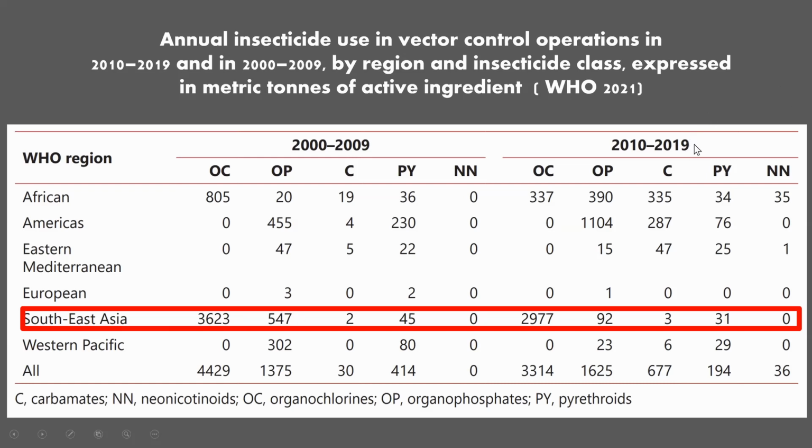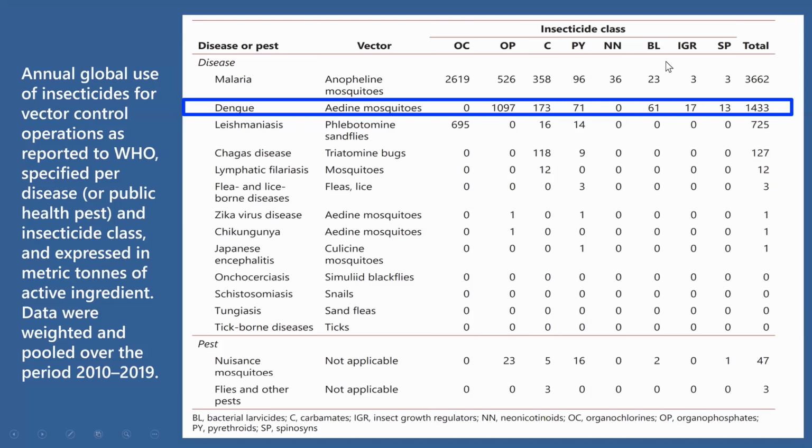However, in 2010 to 2019, there is a reduction in the usage of organochlorine and all the other insecticides. This could be due to resistance development to some of the active ingredients, and moreover, it could be due to the introduction of alternative insecticides such as bacterial larvicides, IGRs, and spinosyns.